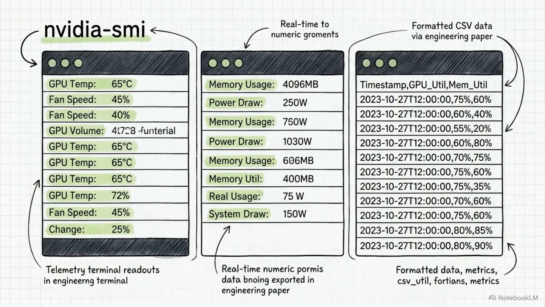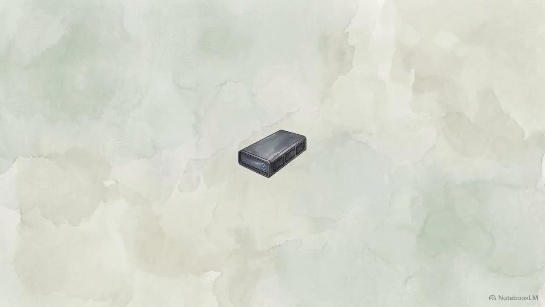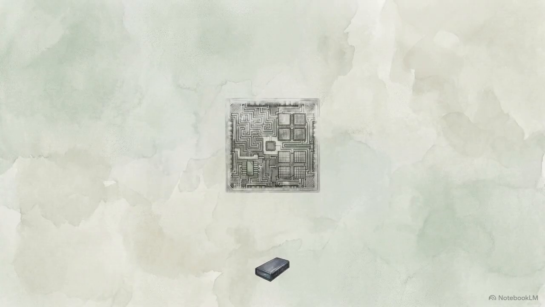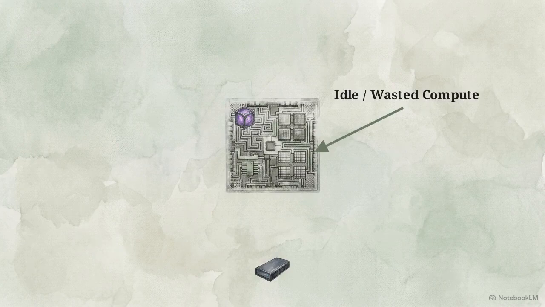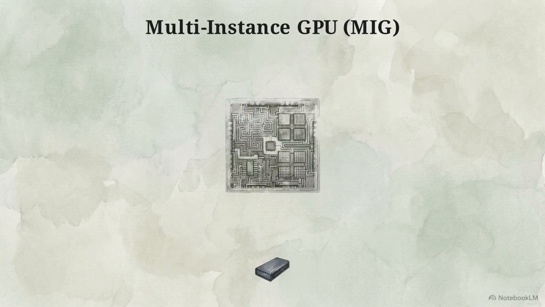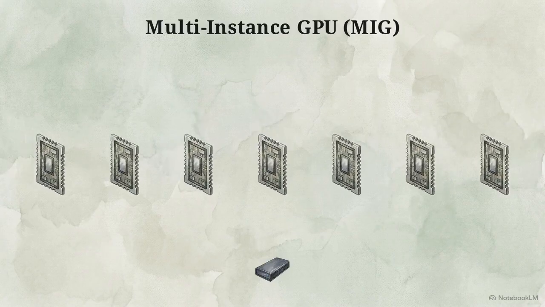Executing daemon displays real-time power metrics, while Query GPU enables targeted data extraction into a CSV output for logging. In an enterprise environment, dedicating a massive, high-capacity GPU, like an H100, to a single lightweight inference task wastes valuable compute resources. The hardware solution to this resource problem is the multi-instance GPU, or MIG.